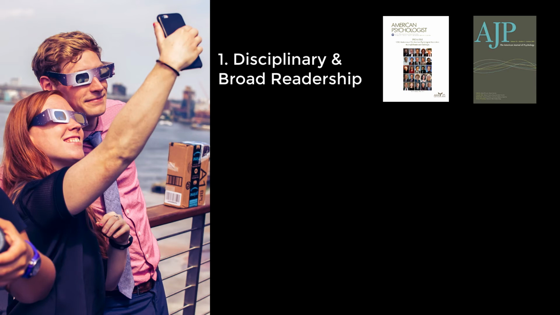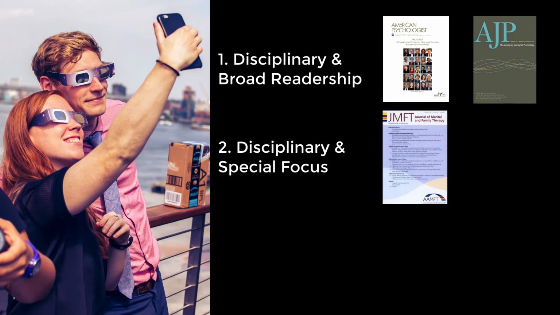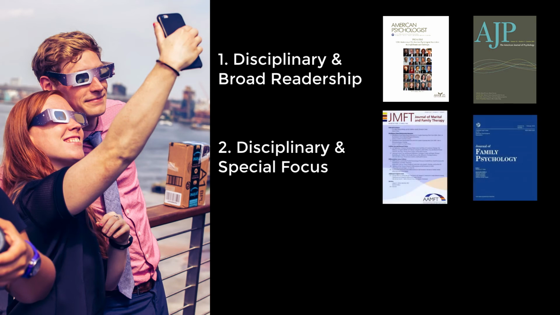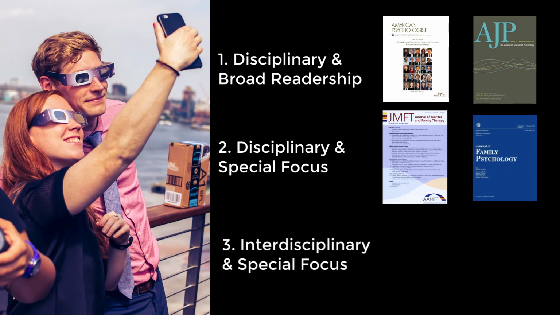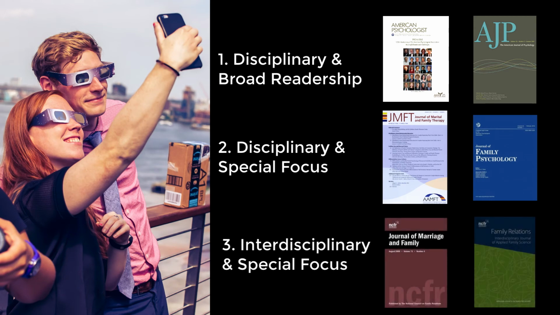Then you might look for special focus disciplinary journals. In this case, you might be able to find the Journal of Marriage and Family Therapy or the Journal of Family Psychology. And then last, you might also look for special focus interdisciplinary journals. And so you might find the Journal of Marriage and Family or Family Relations. They're also about family, just like the last set, but they're not just by psychologists.